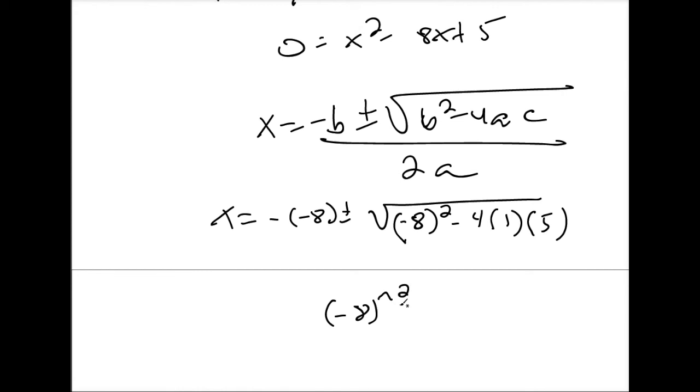Oh, it's the same one as you. Okay, so then if you do that little 2, that makes things a little easier. And then you go minus 4, parentheses 1, close, parentheses 5, close. Oh, I know what we're doing. Okay.